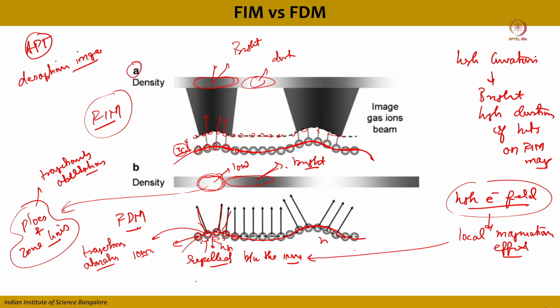As I told you in previous classes, the electric field around the tip surface is also directly related to the crystallographic axis, whether it is a 100, 110 or 112. Depending upon this, you will evolve trajectory aberrations which are related to the appearance of low and high density regions. And these regions directly relate to the poles or the zone lines which appear on the desorption images.